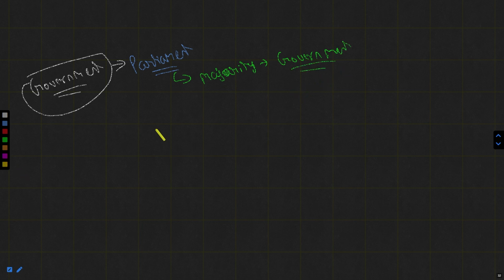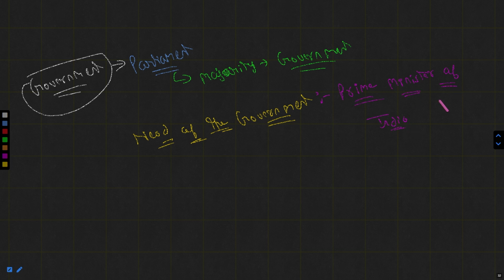So the government has its head, which is known as the head of the government, and which position is declared as the head of the government? The Prime Minister of India is declared as the head of the government. Got it? That's the thing.